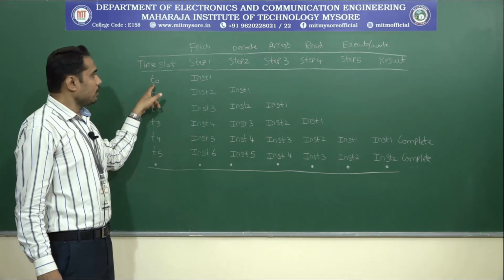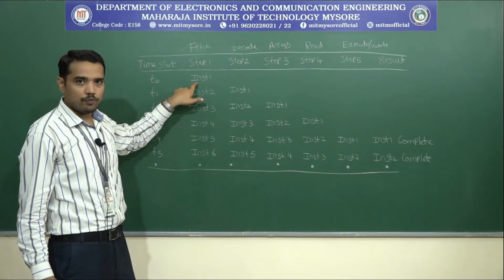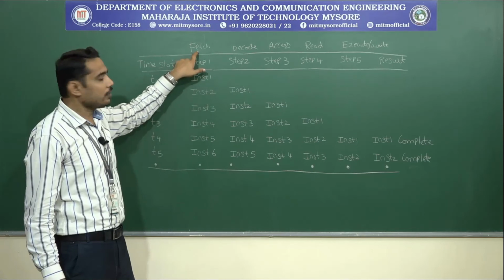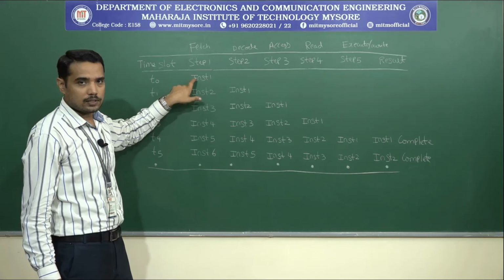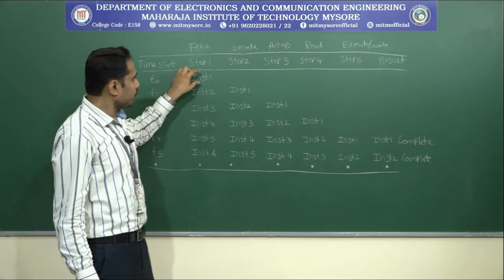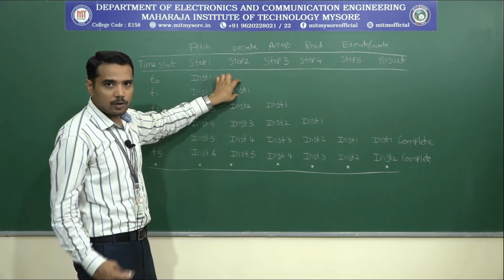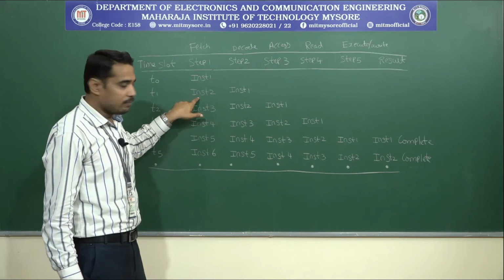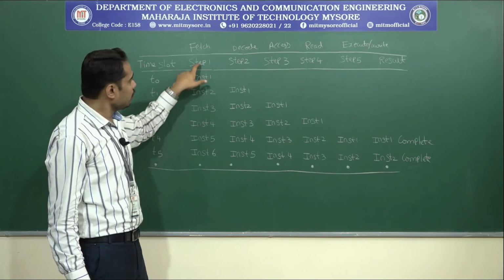Here at T0, what happens? The first step is active with respect to the first instruction. The first instruction is in the phase of fetching. Then at T1, the first instruction, already fetched, is moved to the decode state, while at the same time the second instruction is being fetched.